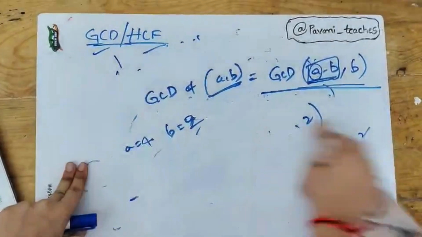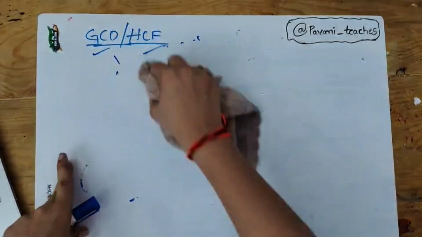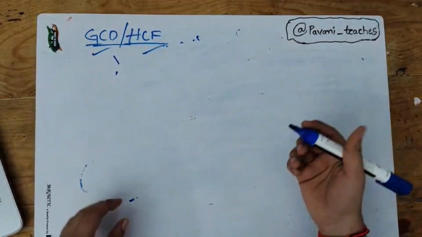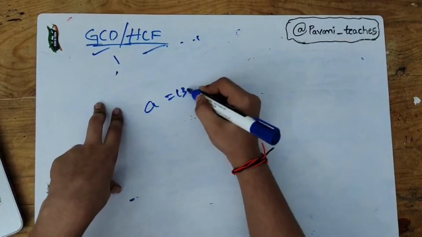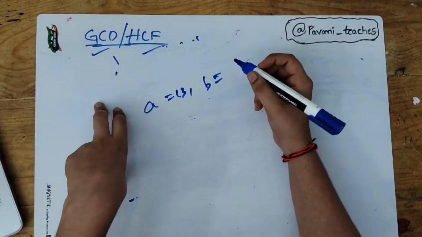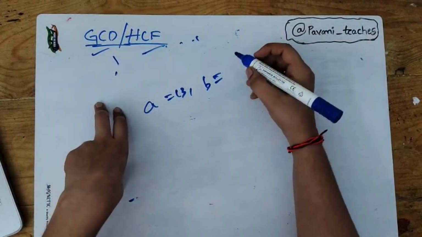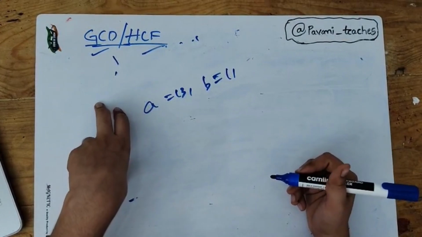Even in this we have a little trouble. What if the two numbers are prime numbers? If I take A as 13 and B as some 11.